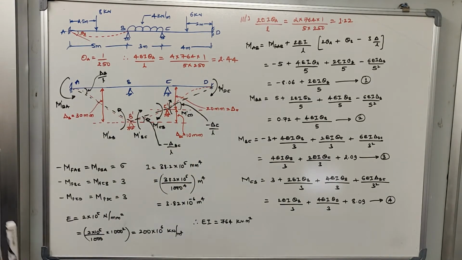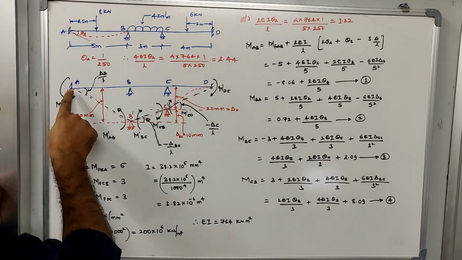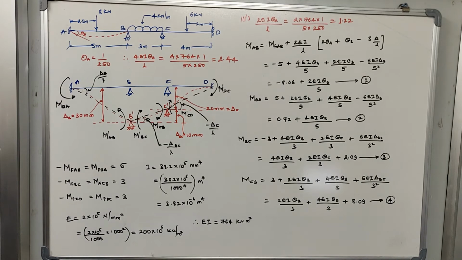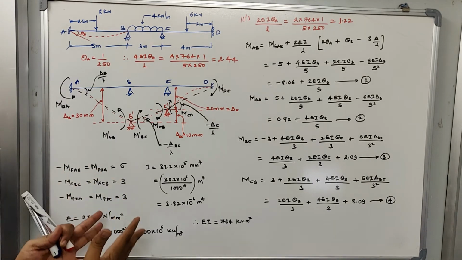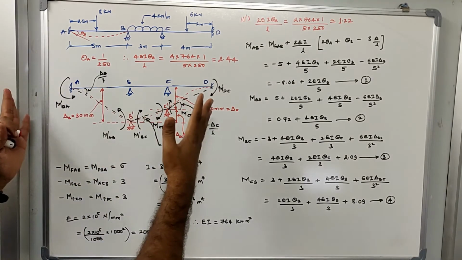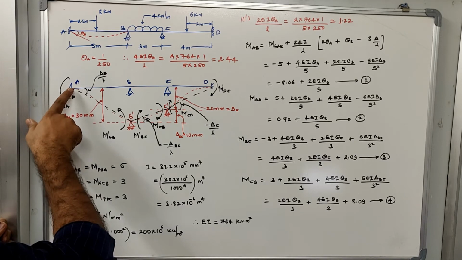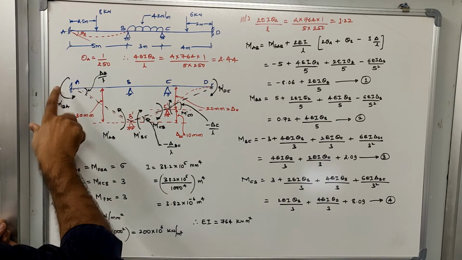Now what you need to observe is this red dotted line that I have drawn. This red dotted line represents the elastic curve in case of settlement. First, let us divide this entire structure into two parts, looking at the near end and far end behaviors.